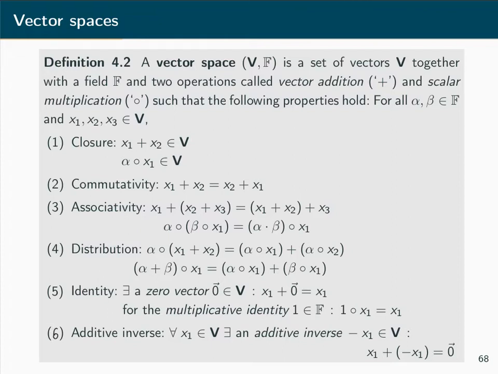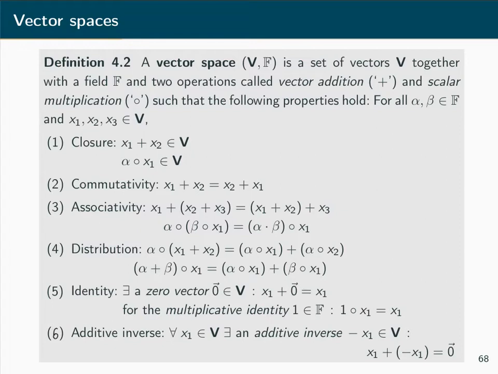There must exist a zero vector in the vector space, and we write the zero vector with the 0 with an arrow on top, such that for any vector x1, if I add this zero vector, I will get my vector x1 back. And moreover, there has to be a multiplicative identity that we denote with a 1 in the field, such that if I scalar multiply a vector x1 with this multiplicative identity, I get my x1 back.